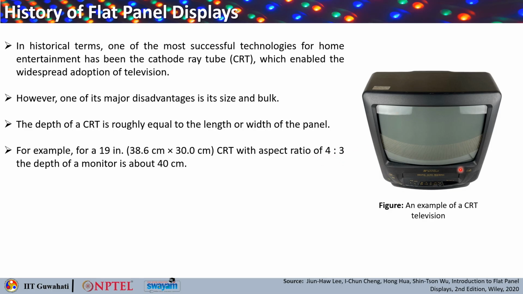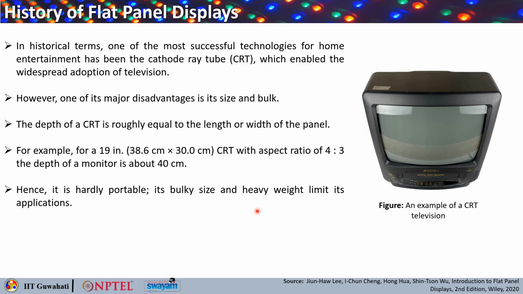This is 4 and this is 3, that's how they calculate it. 19 inch is typically the diagonal length. In that case, the depth of the monitor has to be around 40 centimeters. So this whole thing is typically 40 by 40 by 40, so it's very bulky and hardly portable. And the heavy weight also adds to its limitation.